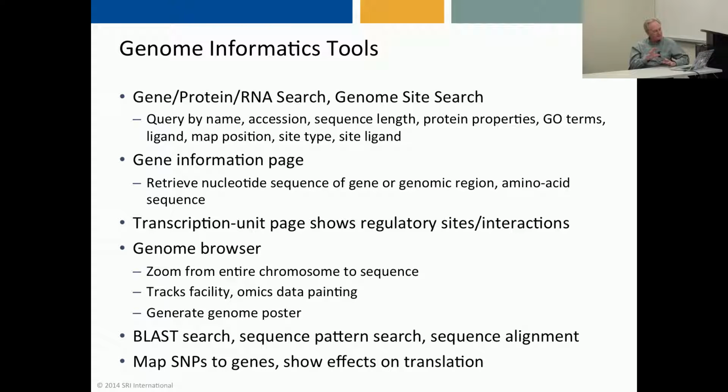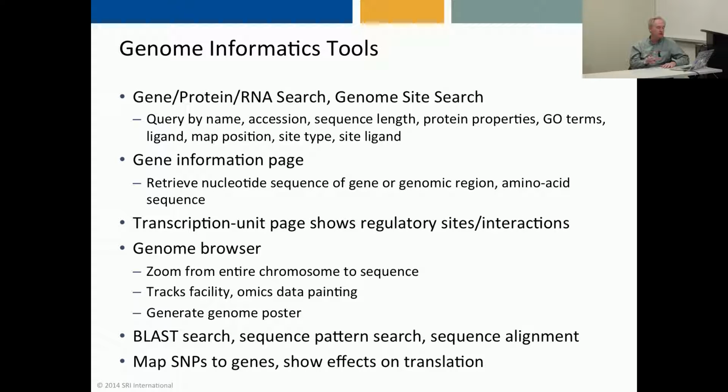Another way of slicing up the different components of pathway tools is this, an explanation of what tools are present in the navigator. The navigator has a variety of tools for operating on different data types within a pathway genome database, a PGDB.